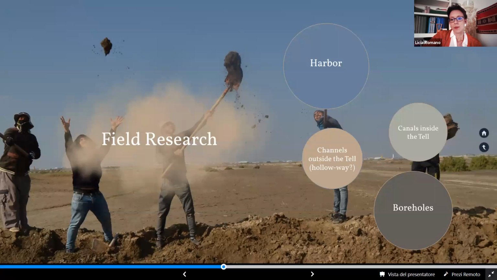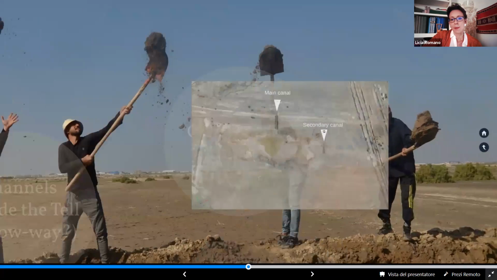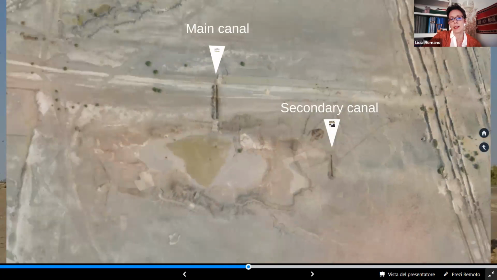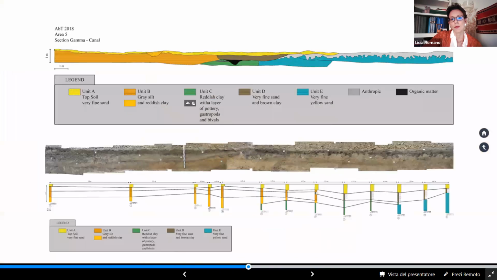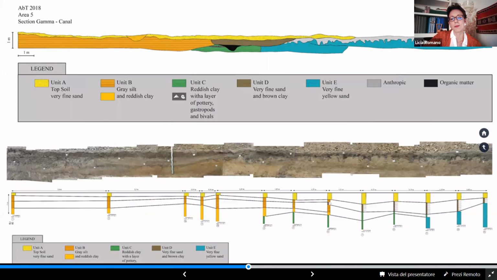We also checked the presence of the canals inside the tell. What we found is that both the main canal and the secondary canal showed a comparable sequence of layers. As you can see here, for example, we have an earlier canal full of sand, an indication of a good water regime, that at a certain point was artificially cut, at least from my archaeological point of view.